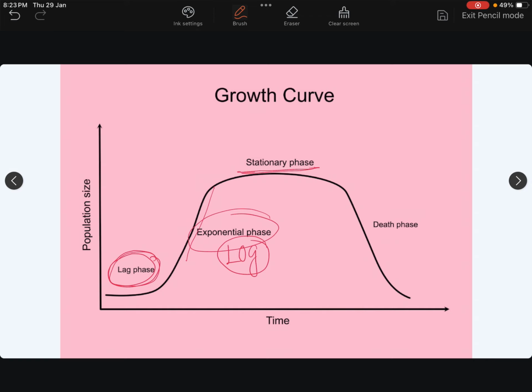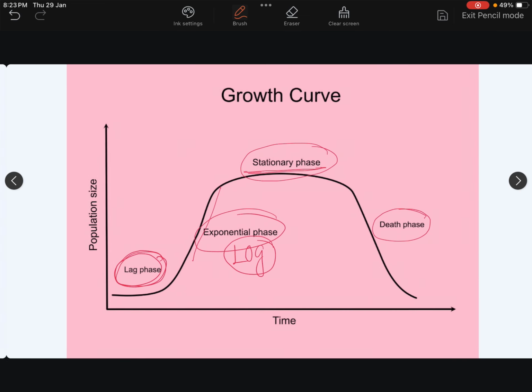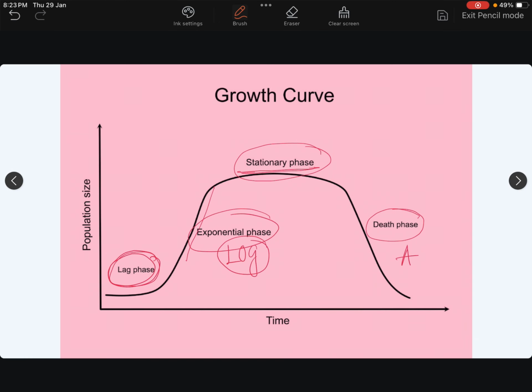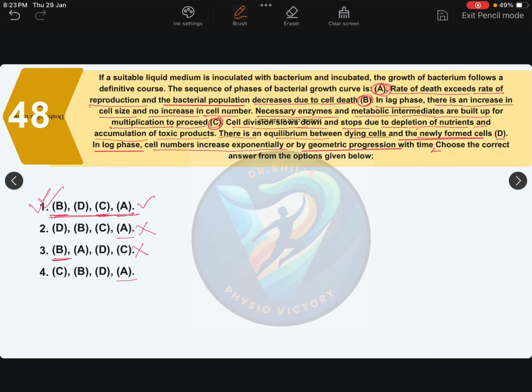This is stationary phase and plateau phase and this is the dying phase जो कि यहाँ पे पहले दिया गया है. So, this is A, this is D, this is C and this is B. B, D, C, A are correct answer.